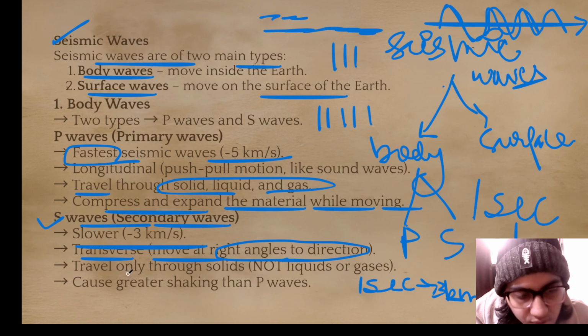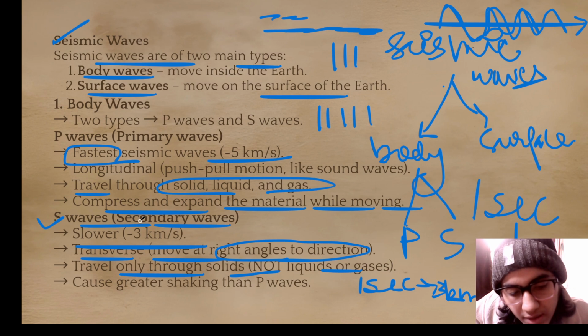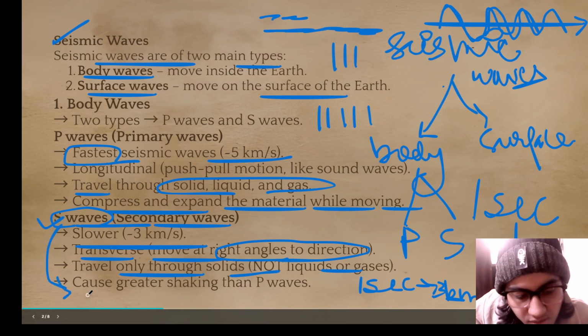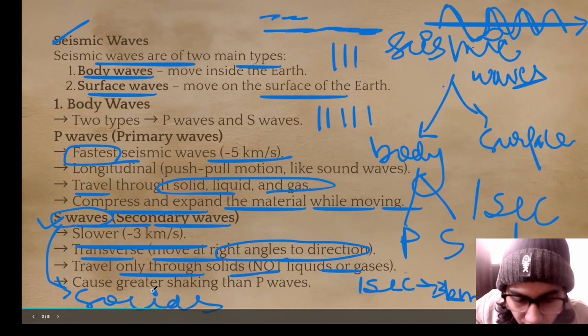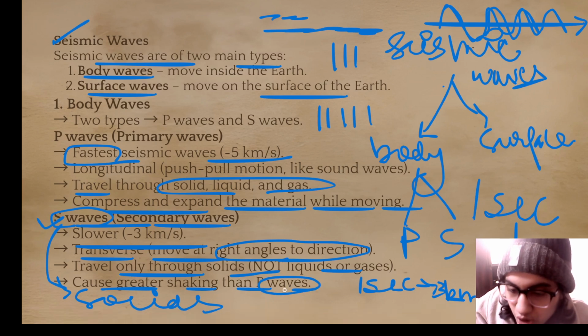It travels only through solids, not liquids or gases. So we can remember it like this: S waves, S for solids. It travels in the solid medium only and causes greater shaking of the Earth's surface than P waves.